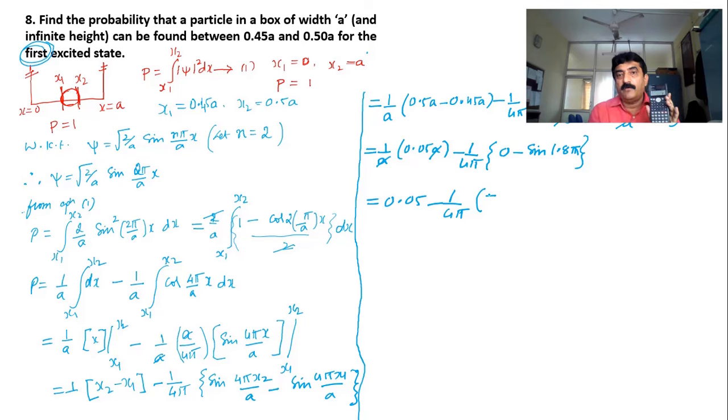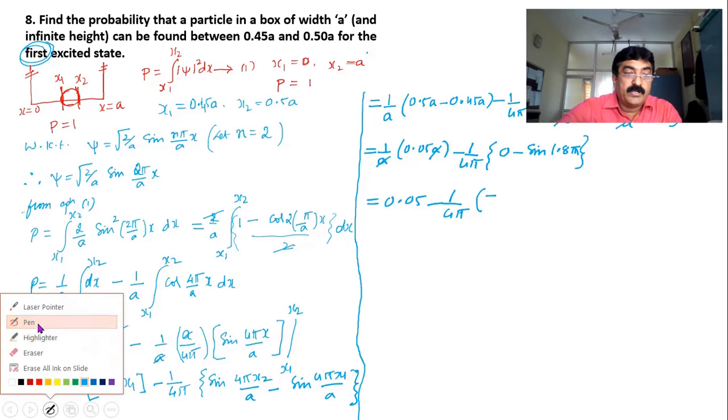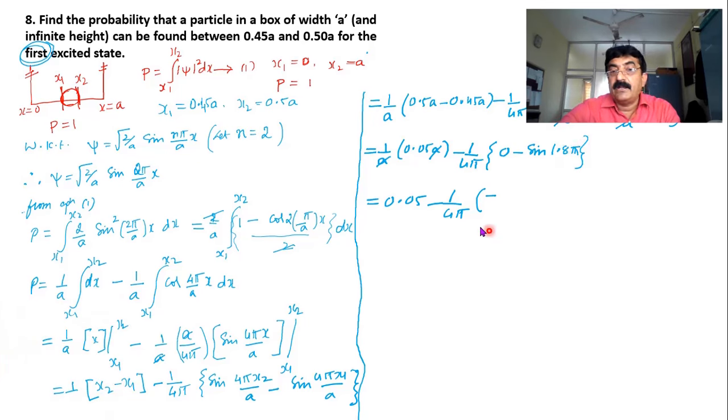If you want to perform in degree mode, remember pi has to be taken as 180. If you want to do it in radian mode, bring the calculator to radian mode and then go ahead. In that case, pi must be taken as 3.14. So which pi am I talking about? I am talking about this pi, see this pi, not 4 pi.